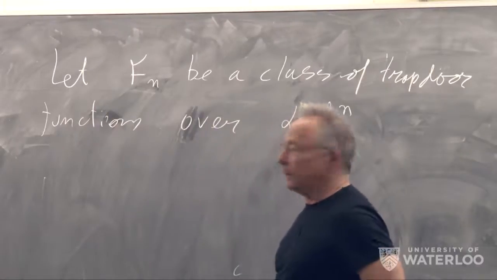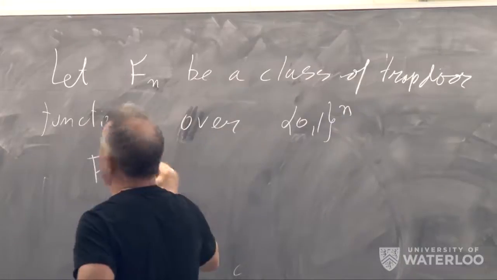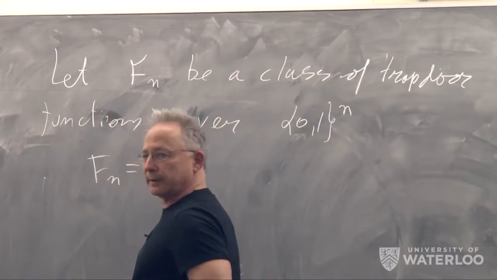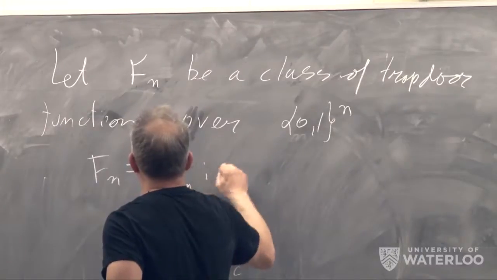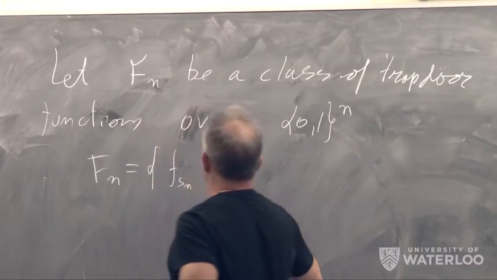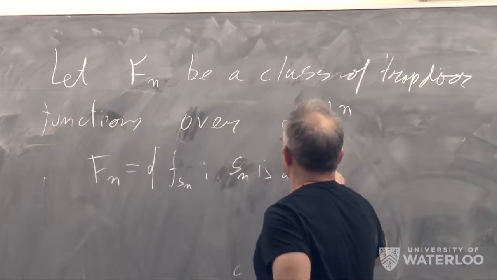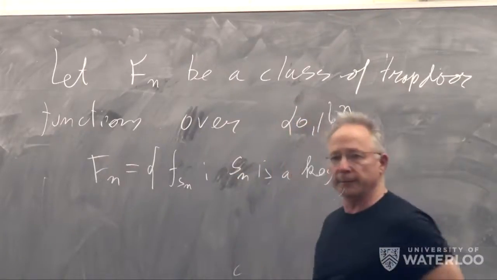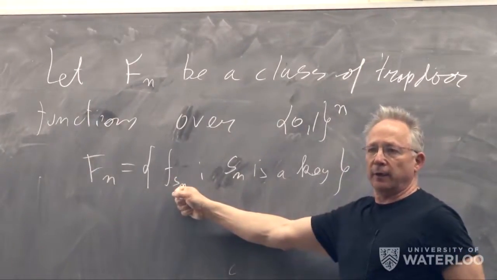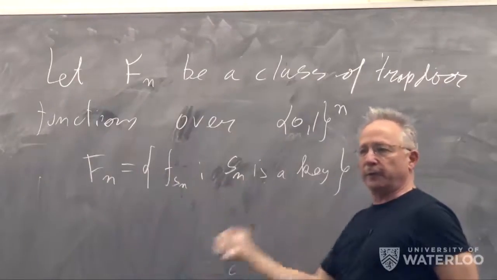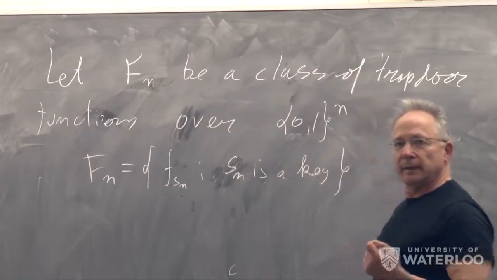So what do I mean? I mean that f_n is actually a collection of functions f_{s_n}, where s_n is a key for this function. So every such function has its key. And I know that without the key, it is difficult to invert, and with the key, it is easy to invert. Right?